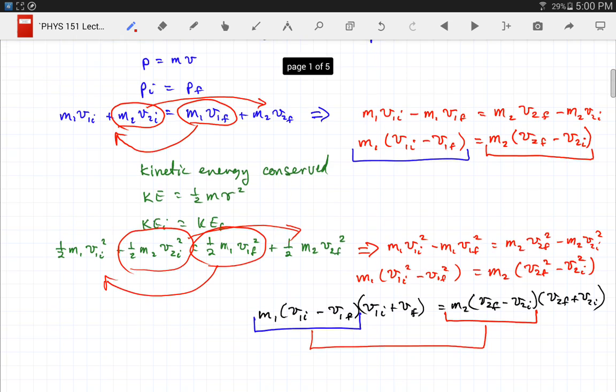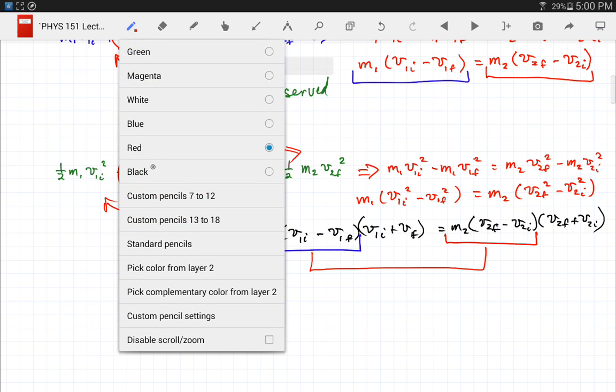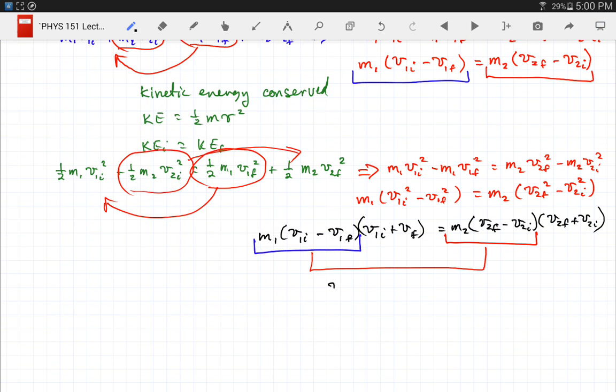If I divide those out, I am left with a simple equation. An equation that says v1 initial plus v1 final equals v2 final plus v2 initial. So now I have two equations that I'm going to use to solve this with two unknowns. I can solve it if I have two equations and two unknowns. So I know both of my initials.